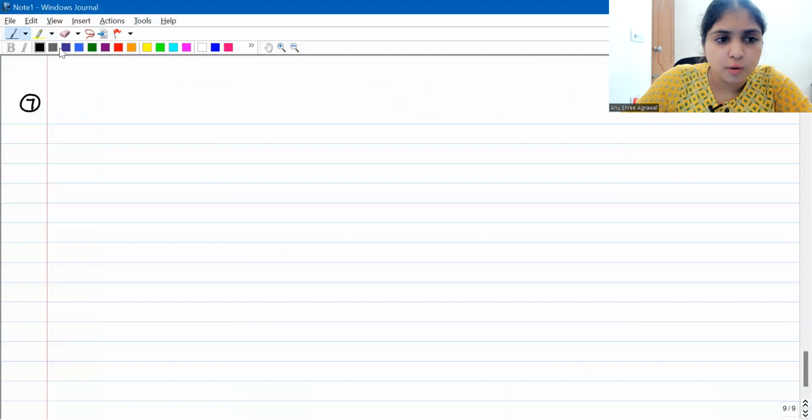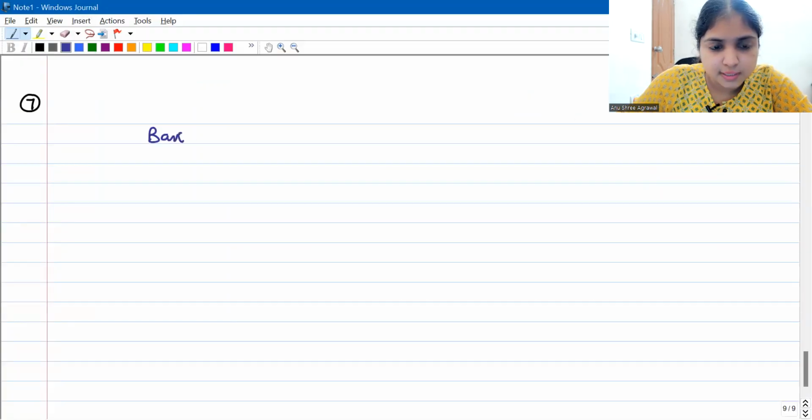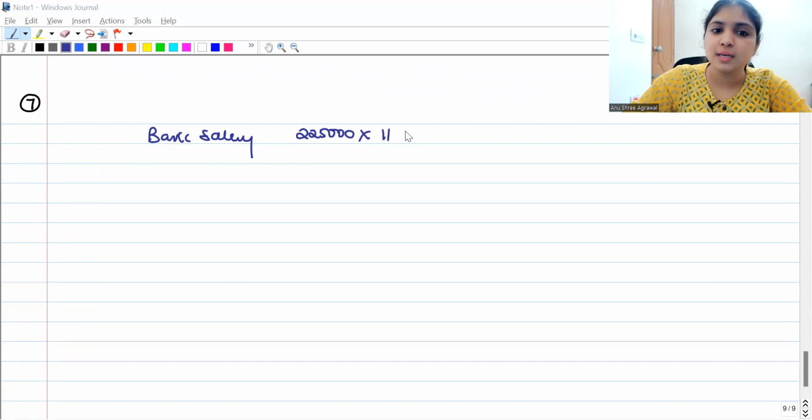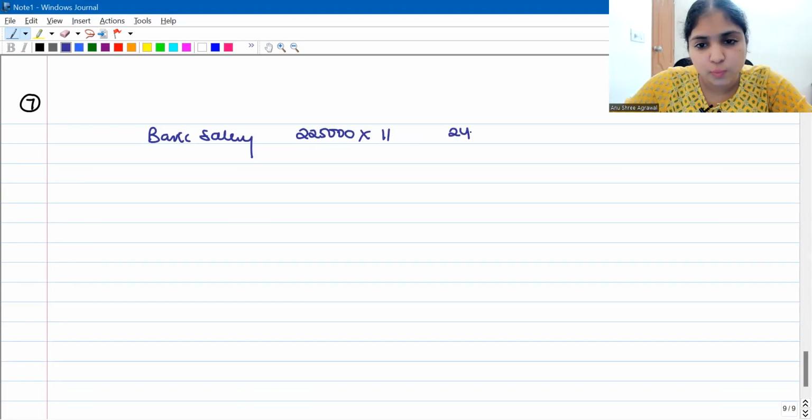What are his salary components? First of all, we have basic salary. Basic salary is 2,25,000 per month. And how many months will we calculate for? Only 11 months, because he has joined the employment only in May. So for 11 months, 2,25,000 into 11, that will be 24,75,000.